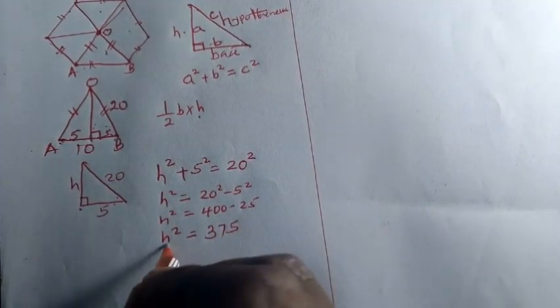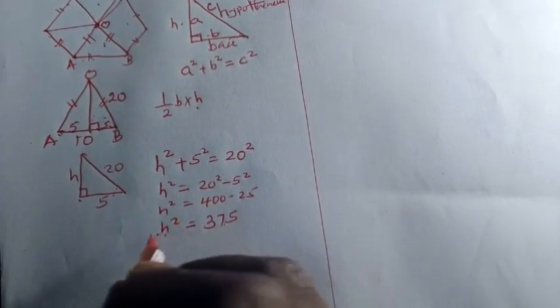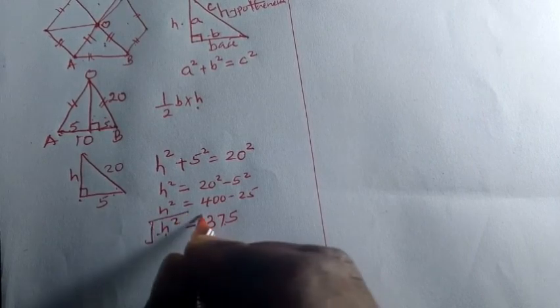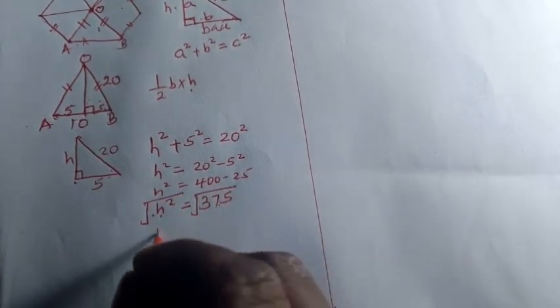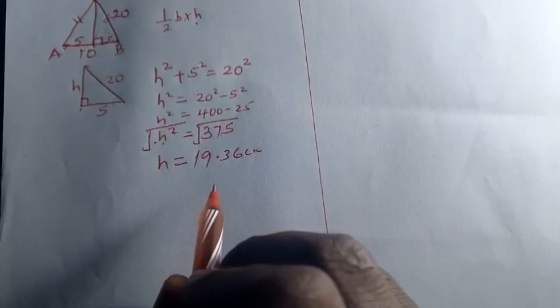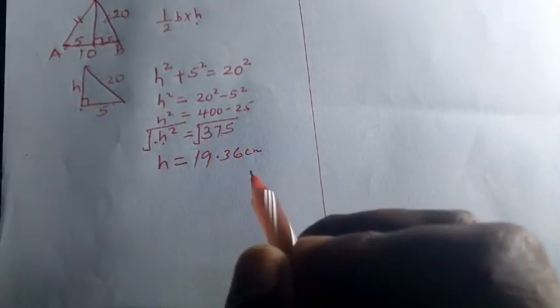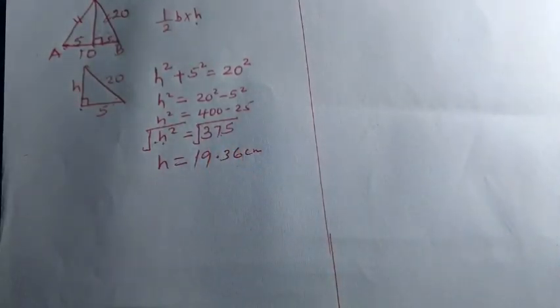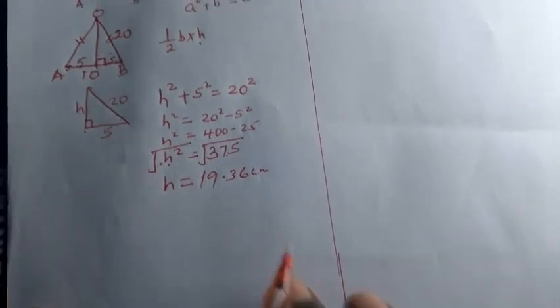So to get h, you find the square root of both sides. h is equal to 19.36, the square root of 375. So this is how we get the height.